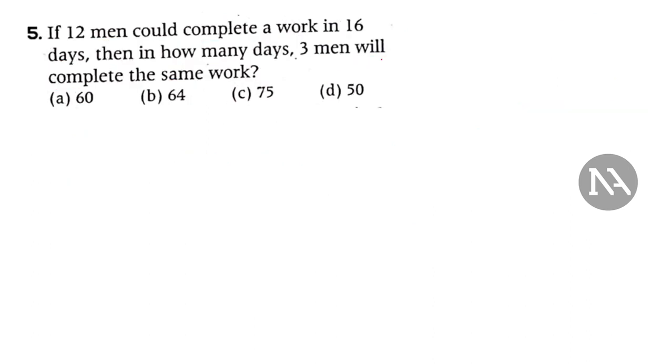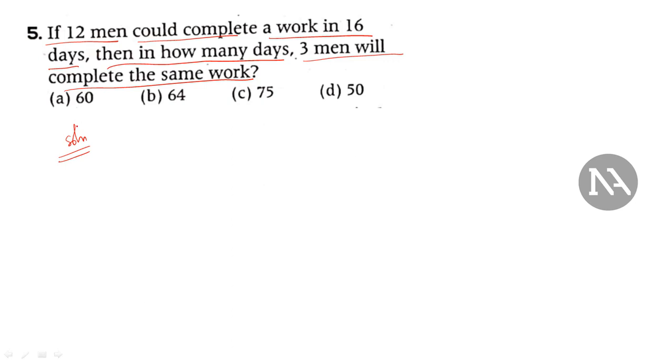Here is the next question: if 12 men can complete a work in 16 days, then in how many days can 3 men complete the same work? This is the indirect proportion method, or inverse proportion law.